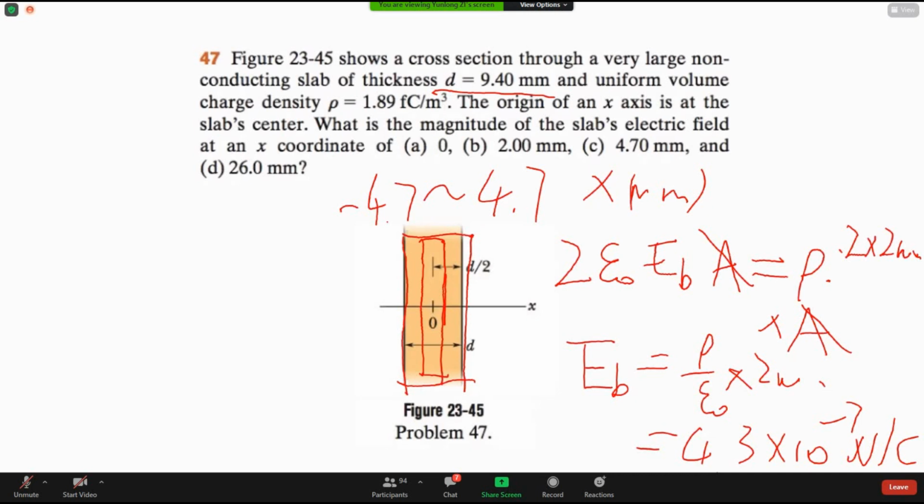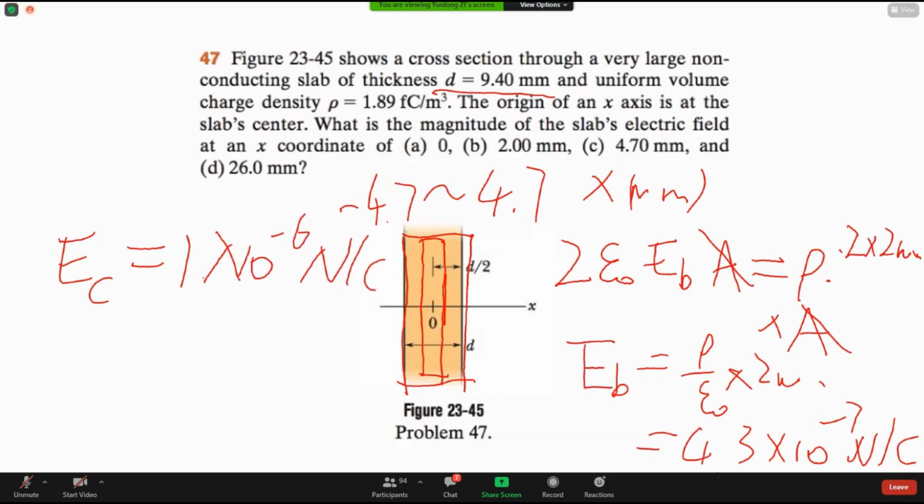Basically you will achieve the same equation, but with a different number for the x coordinate. The final answer is 1.1 times 10 to the minus 6 newtons per coulomb.